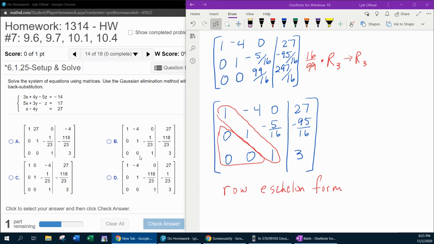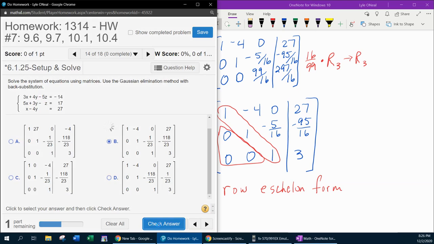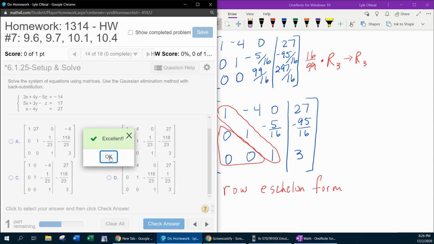And the last row, 0, 0, 1, and 3, also matches. So it looks like it's going to come down to whether it's either B or D. And the middle row is what's going to determine that. So what I'm going to do is I'm going to guess B, and I guessed right.